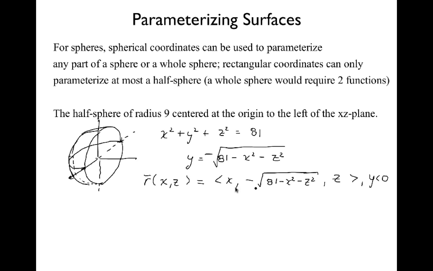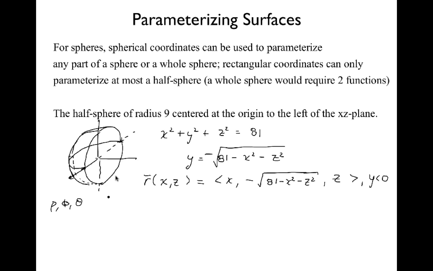Okay, so now in spherical coordinates, what two parameters do we want to use? Our spherical coordinates are rho, phi, and theta. Which two are we going to pick? Varying which two will get us every point on there?